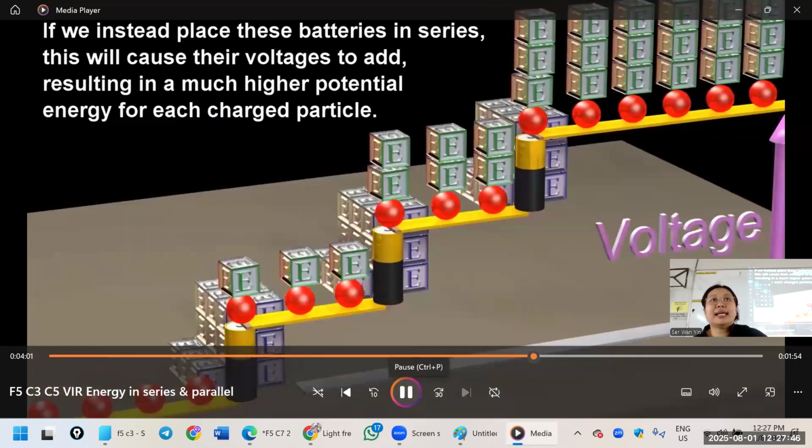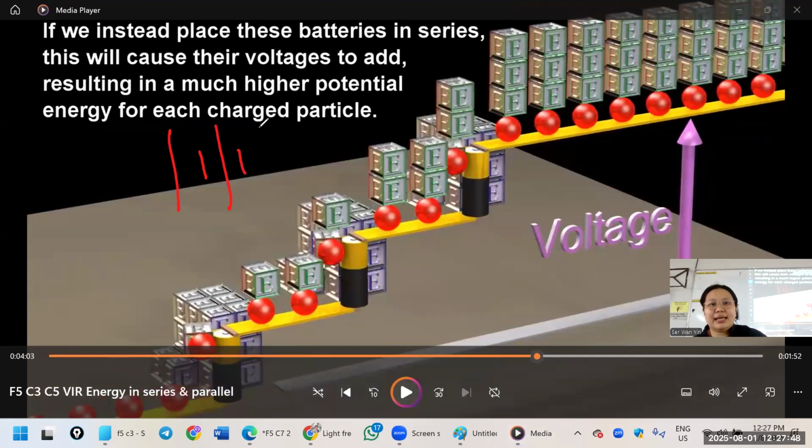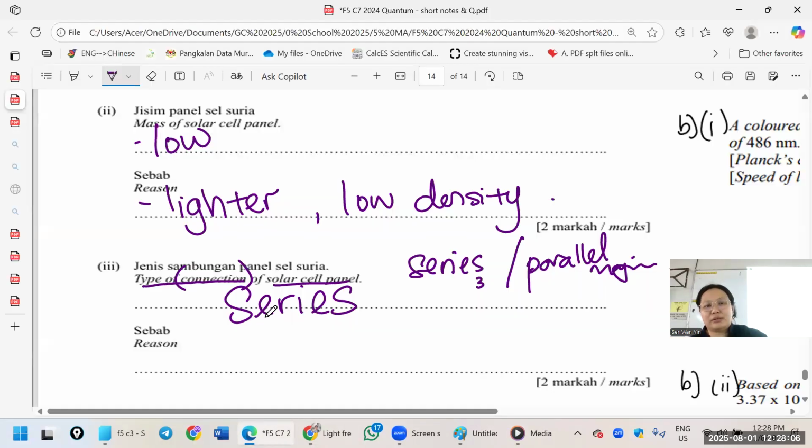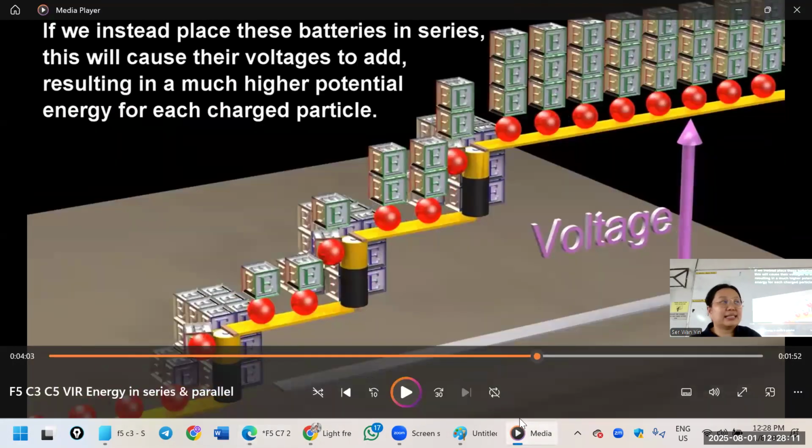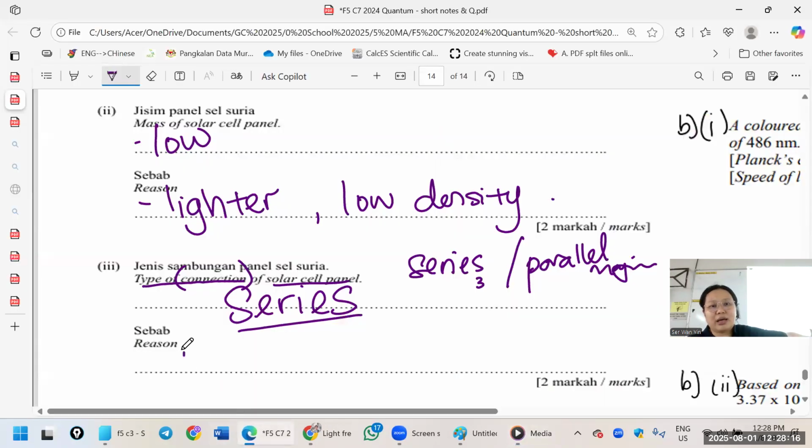They put N to N, 可以吗？Only series will increase the voltage. Parallel we don't increase voltage. So for the battery, for the source, most of the time we use series. Why series? Look at this diagram. It will increase the voltage.